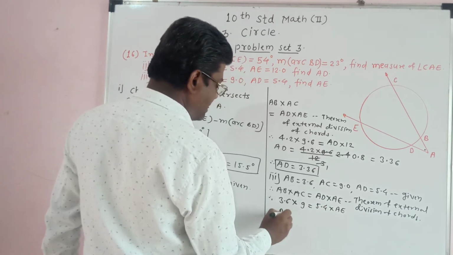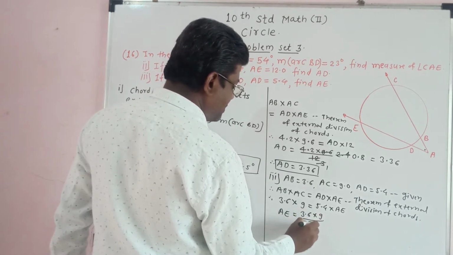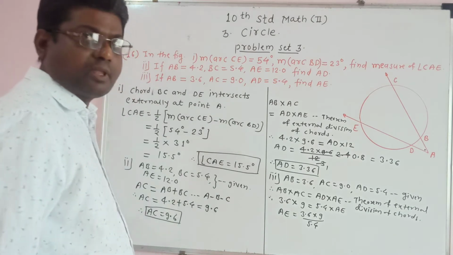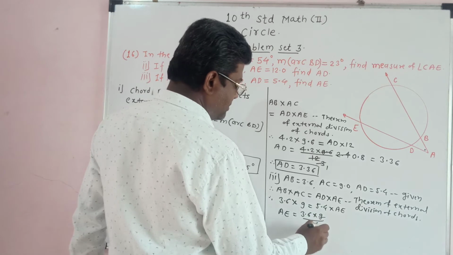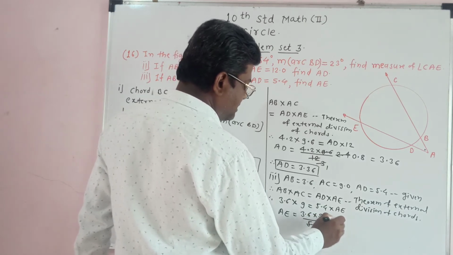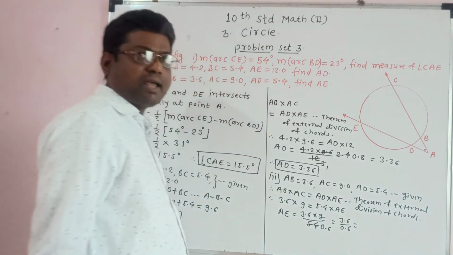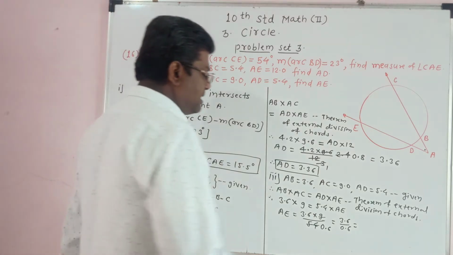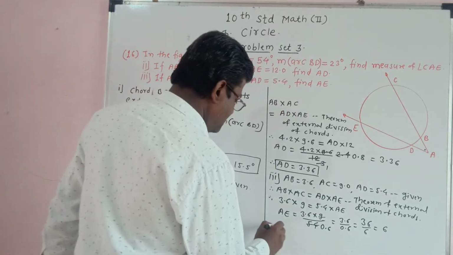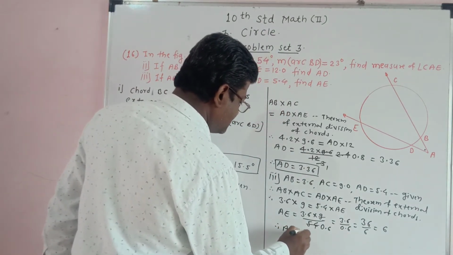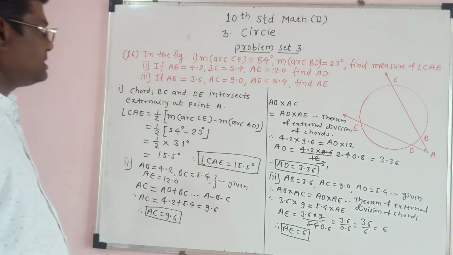Therefore, AE is equal to 3.6 into 9 upon 5.4. Now 9 6s are 54, so it will be 0.6. AE is equal to 3.6 upon 0.6. If we multiply numerator and denominator by 10, we get 36 upon 6, which is equal to 6. Therefore, AE is equal to 6.